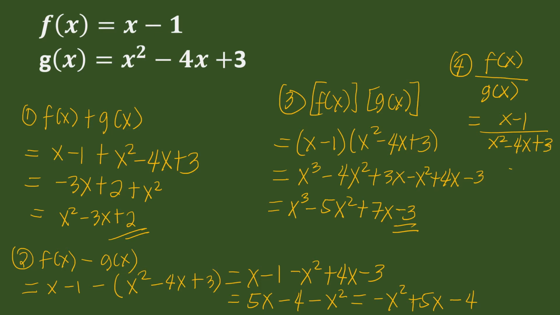In this case, that would be equal to x minus 1. Note that your denominator can be factored. The factors of x squared minus 4x plus 3 are simply x minus 1 and x minus 3. So we cancel x minus 1 and x minus 1. The final answer will be 1 over x minus 3.